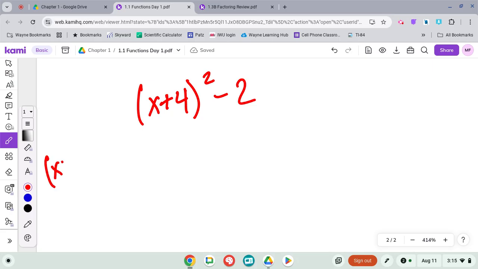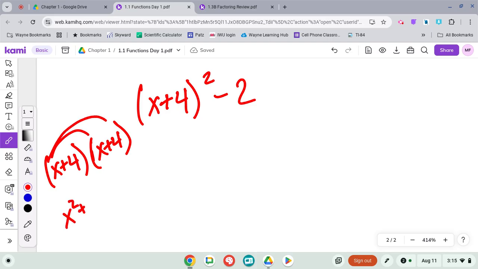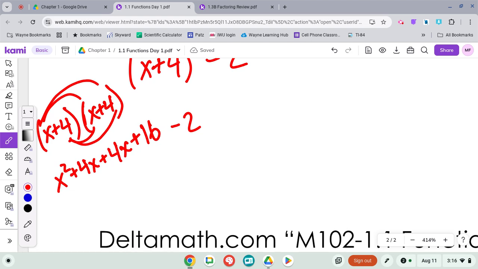It means x plus 4 times x plus 4. So if we follow FOIL, if you've heard that, x squared plus 4x plus 4x and then plus 16. Don't forget, right here there was a minus 2 at the end. And we combine our like terms, we have x squared plus 8x plus 14.